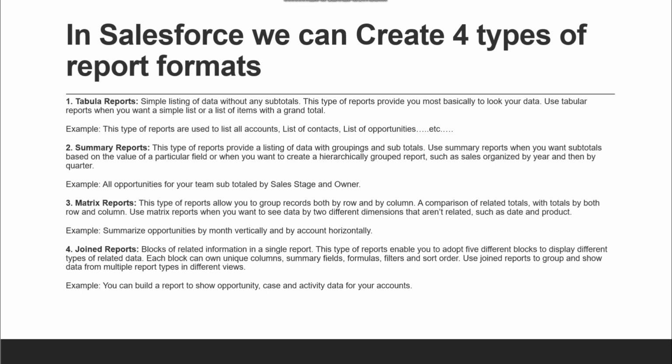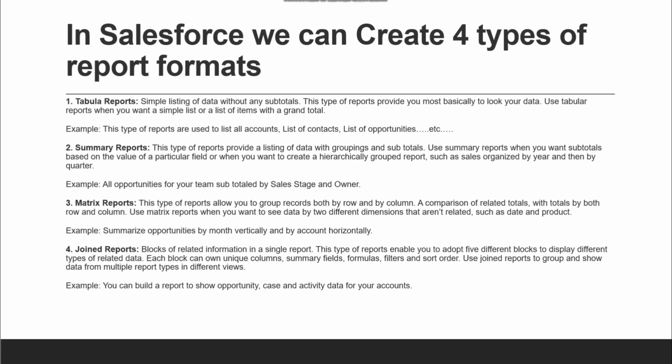Use a matrix report when you want to see data by two different dimensions that aren't related, such as date and product. For example, summarize opportunities by month vertically and by account horizontally. That is what a matrix report is.